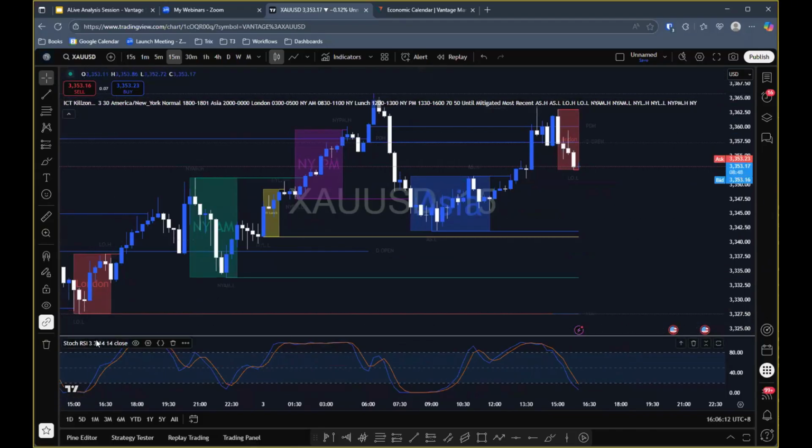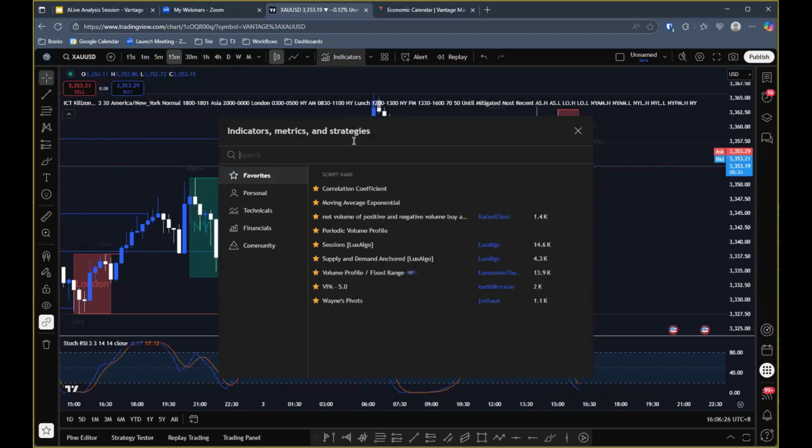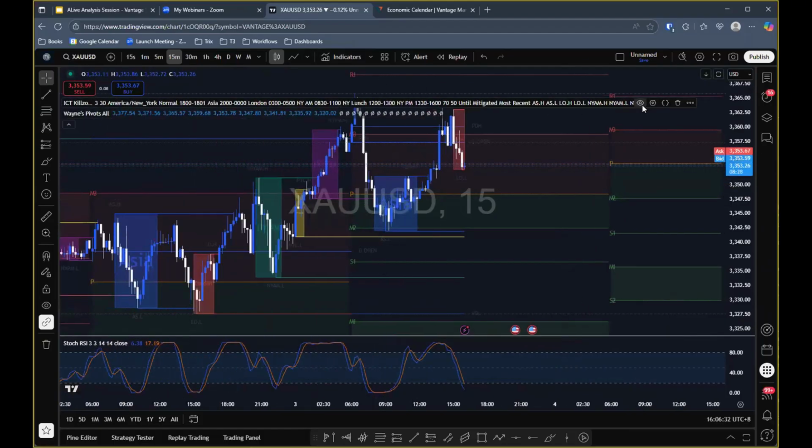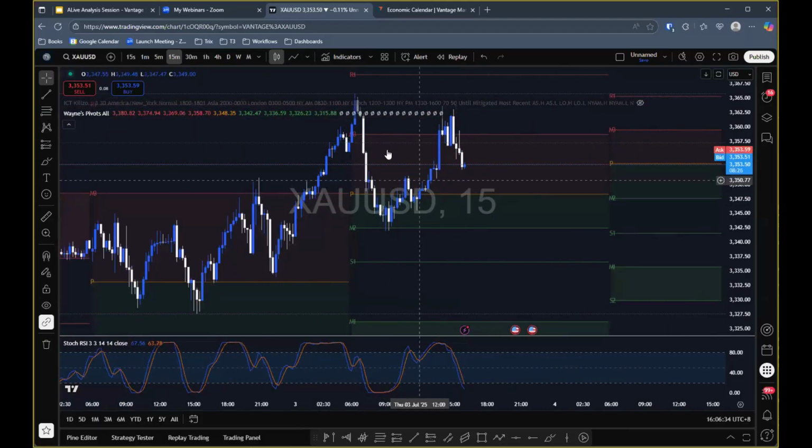If you're looking at trading the waves of a particular symbol, stochastic RSI is something you can use. We'll go a little deeper on how we're going to do that. But first, let's add the Wayne's pivot. You can use any one of the pivot points, but we're just going to use the Wayne's pivot because you have these key areas highlighted.